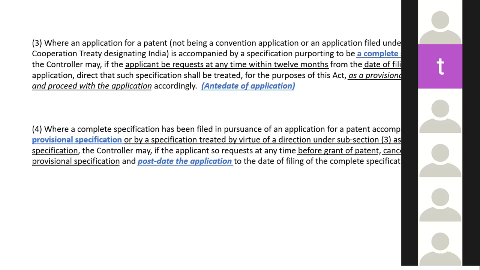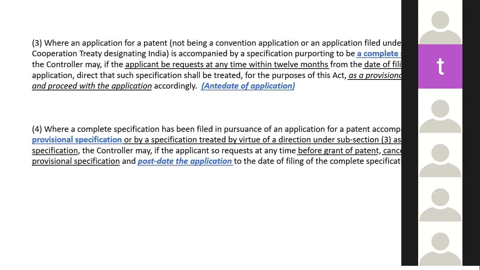Form 30, and fees for the natural person and small entity is 800 and for the large entity is 4000. And you can shift your priority date by 6 months.